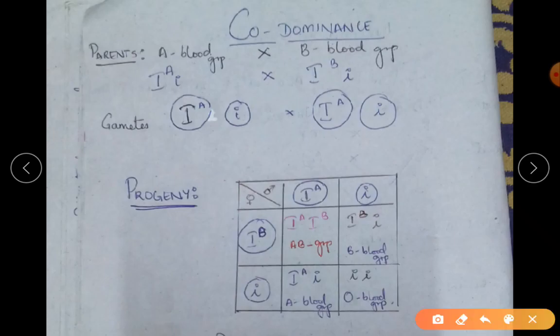I had given a question yesterday and I have solved it and given it to you to give you an idea how to go about the cross. Today I am going to discuss what the cross is based on and what kind of result you should give. I have taken A blood group and B blood group.